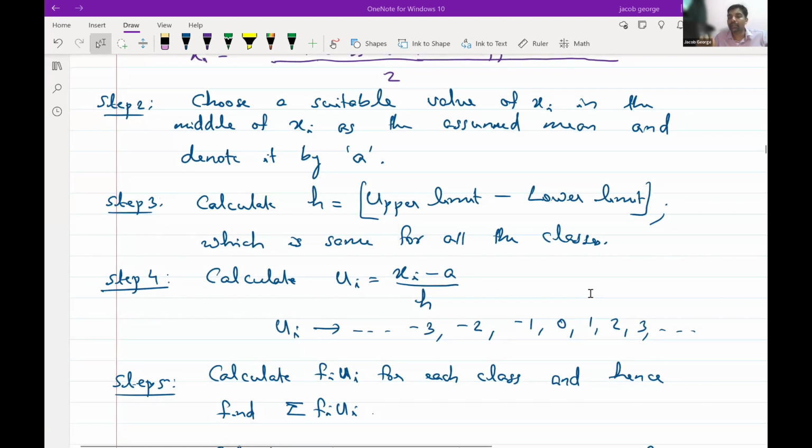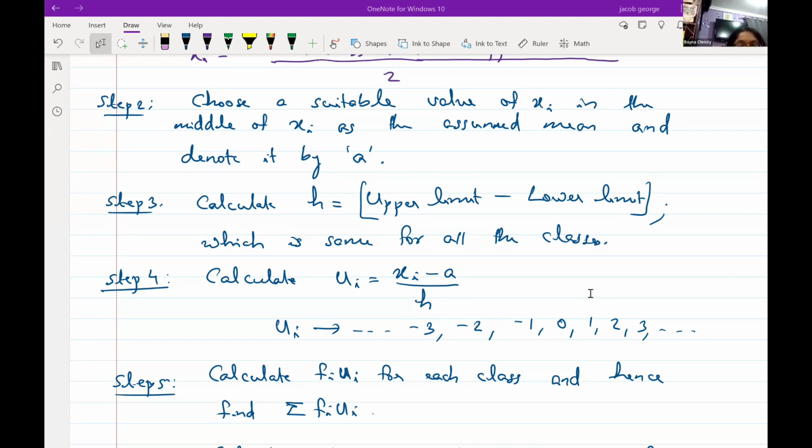The middle ui will be 0. On top, it is -1, -2, -3. On the bottom, it is 1, 2, 3. I will explain this with a sum. ui will always be this pattern of numbers. Like this, we get ui. Reina, are you getting the points?